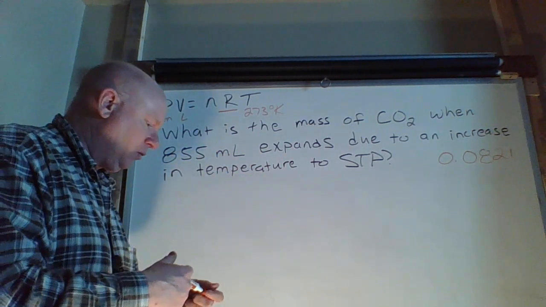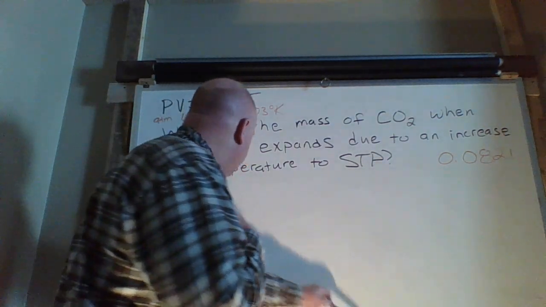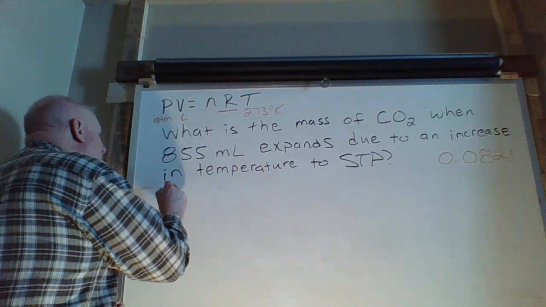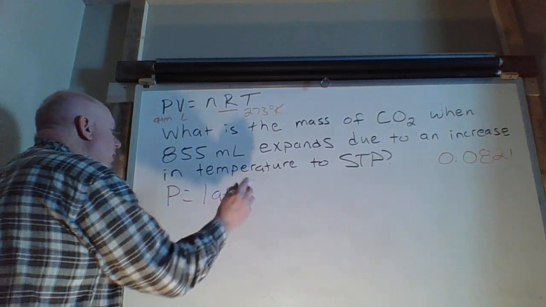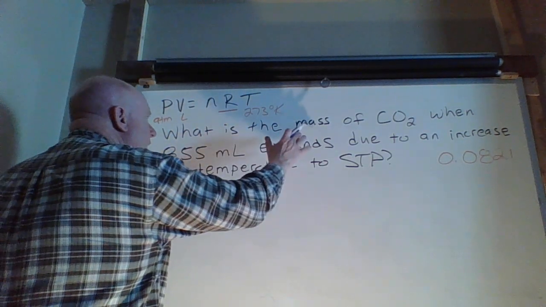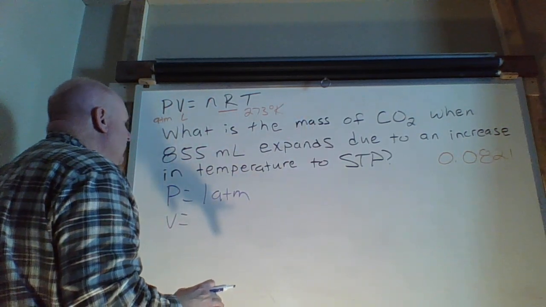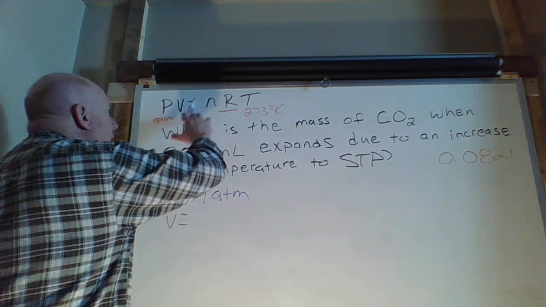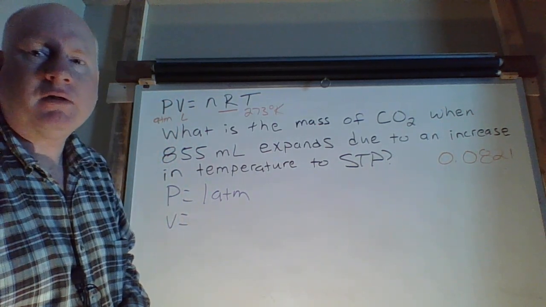So what that would mean then is, as we start this, we know the pressure, 1 atmosphere. The volume, well, what is the mass of carbon dioxide, which means we have to fill in the rest of our variables, and we'll get to that.